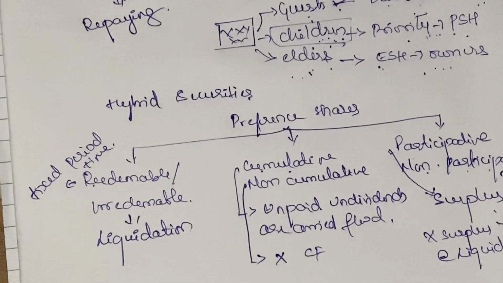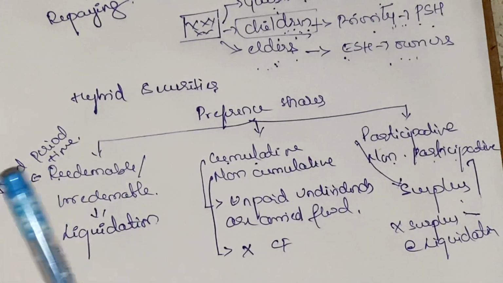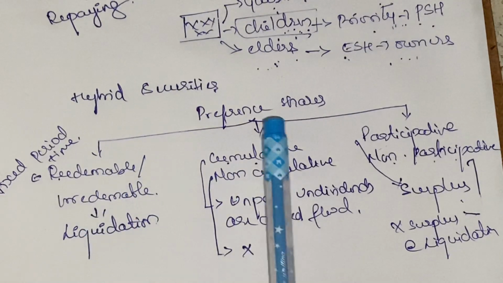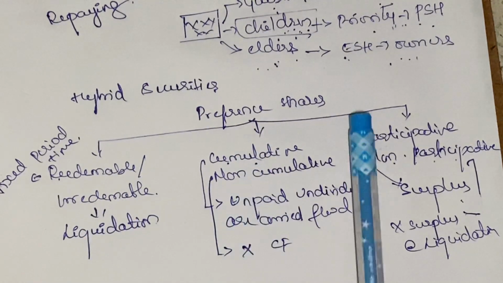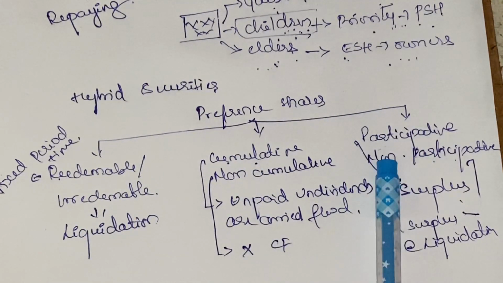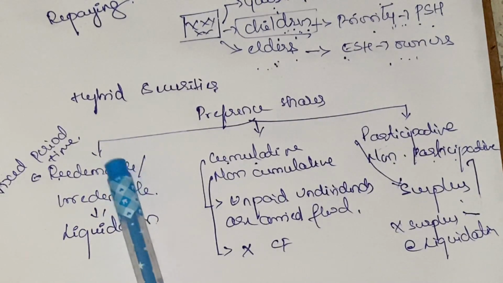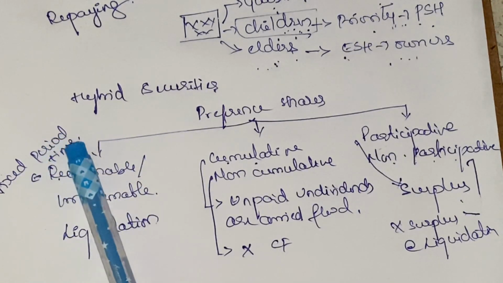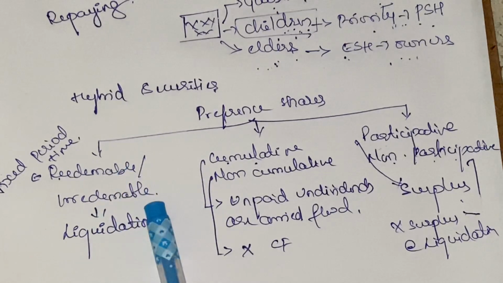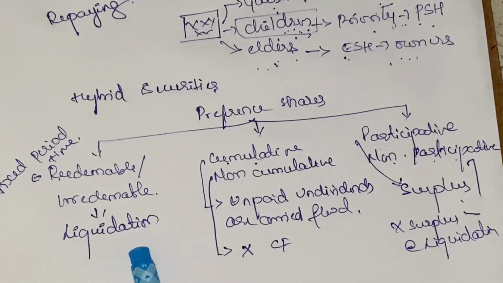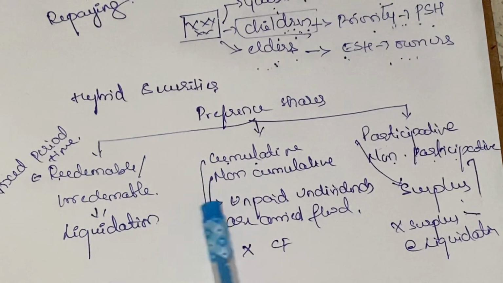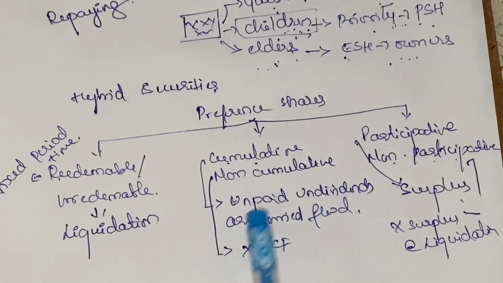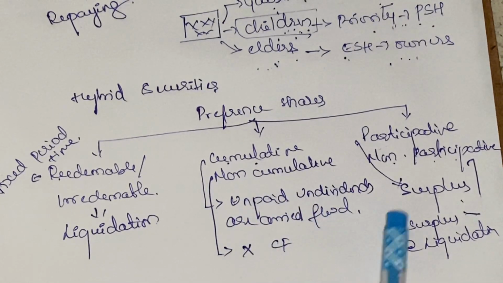Which are those various types of preference shares? Redeemable, irredeemable, cumulative, non-cumulative, participative, non-participative. Redeemable, payable after expiry of fixed period of time. Irredeemable, payable only at the time of liquidation. Cumulative, unpaid dividends are carried forward to the next year.